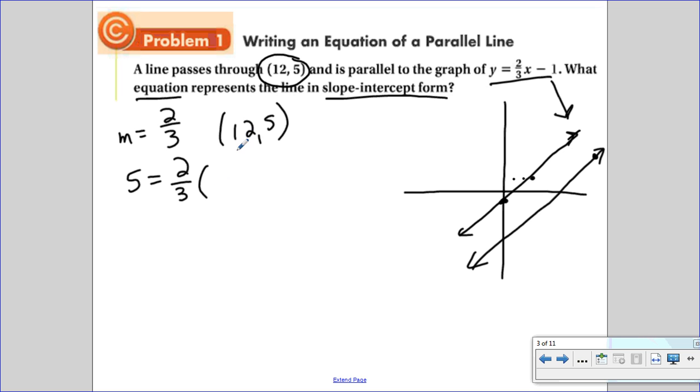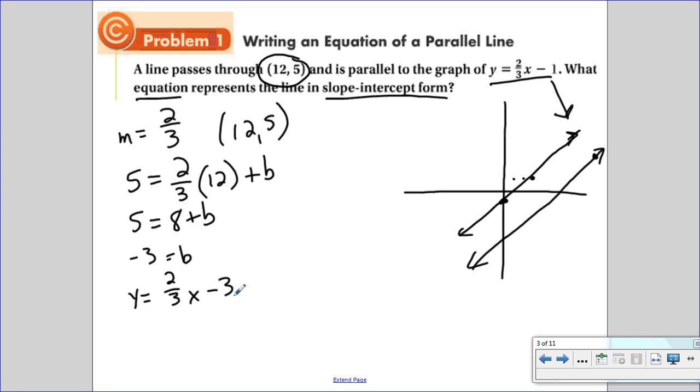I'm replacing my x with 12, plus b. I don't know what b is. So I got 5 equals 2/3 times 12, that's 8, plus b. Subtract 8 from each side, we get -3. So therefore, my equation is y = 2/3 x minus 3.